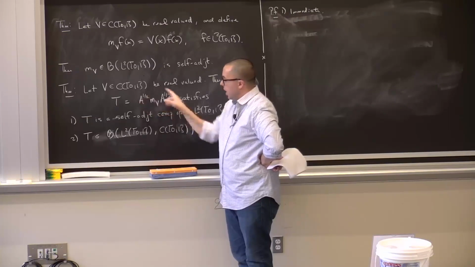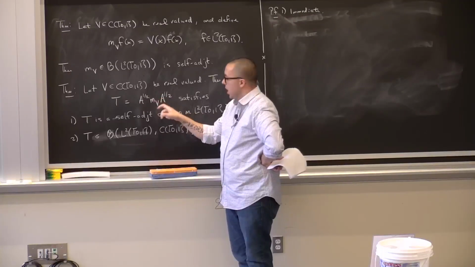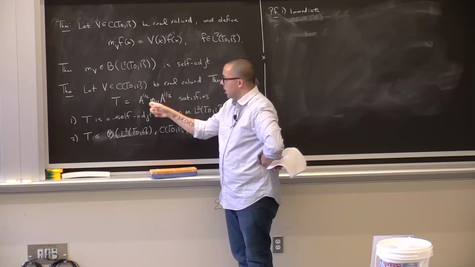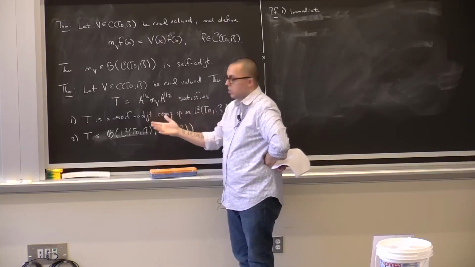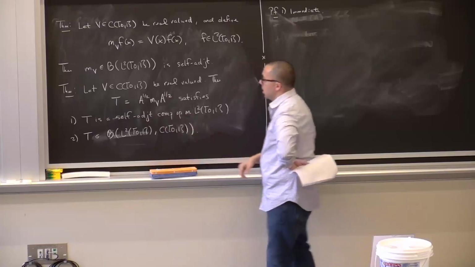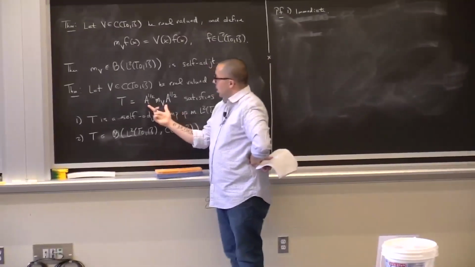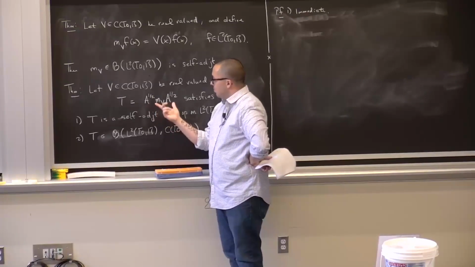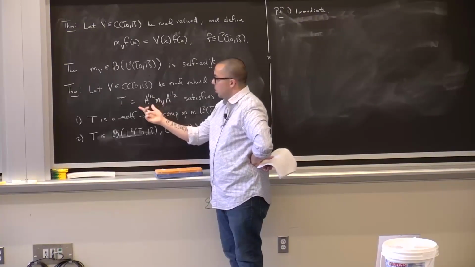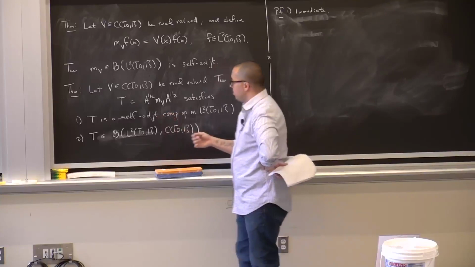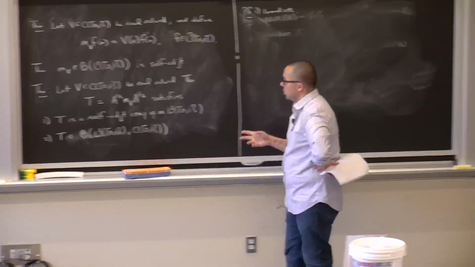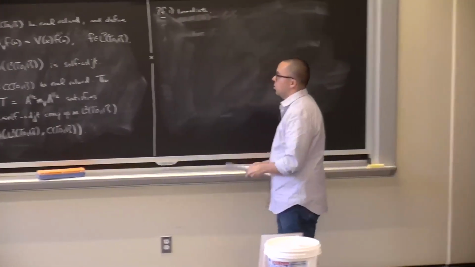So when I take the adjoint of this quantity, I will get the adjoint of A to the 1/2 in front, adjoint of M_b, adjoint of A to the 1/2. They all equal themselves, so I get out something self-adjoint. This is the composition of, if you like, a bounded operator with a compact operator, so I get a compact operator. So that proves it's a self-adjoint compact operator on L2.